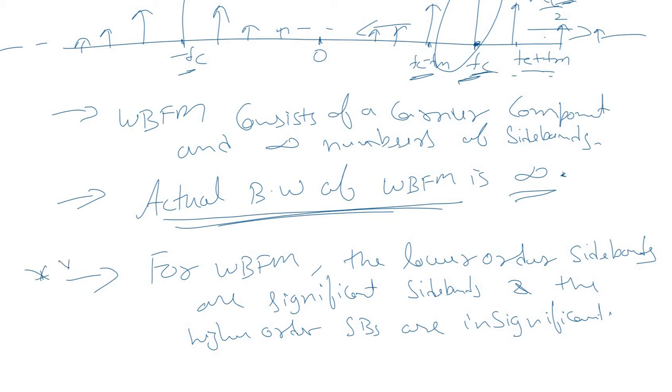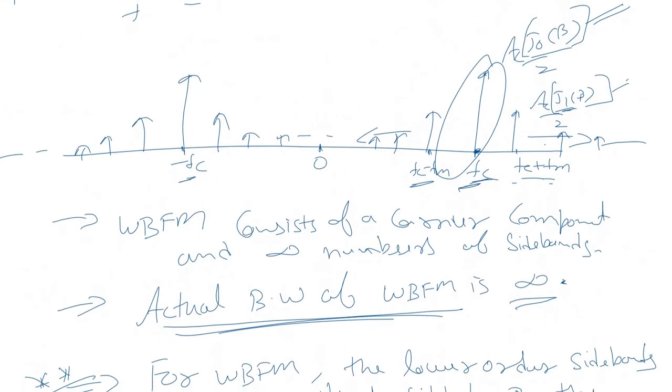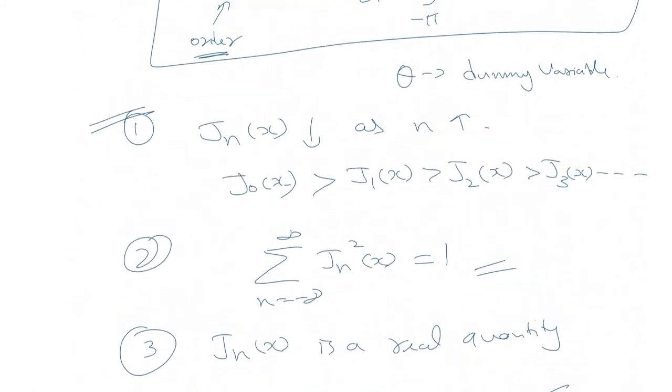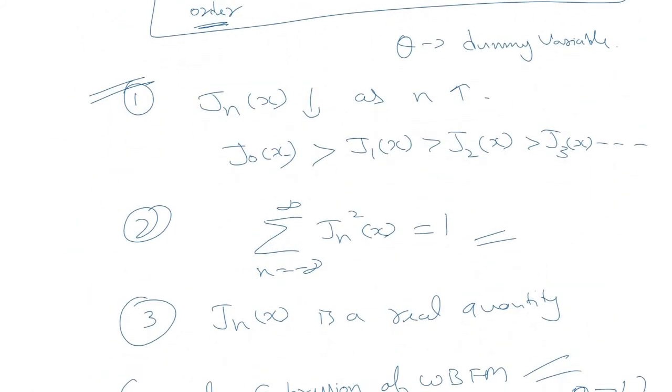Very important point, and the reason for this is because, by the property of the Bessel function, the value of the Bessel function keeps on decreasing as we go on increasing the value of n, that is the order of the Bessel function, right? So J0(x) will have the highest value, followed by J1(x), and it keeps on decreasing as the value of n increases.